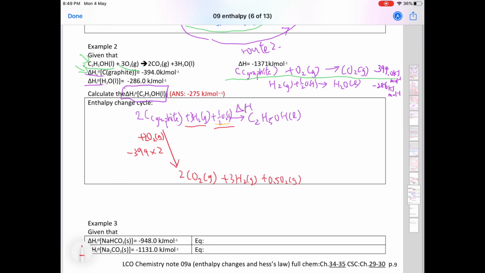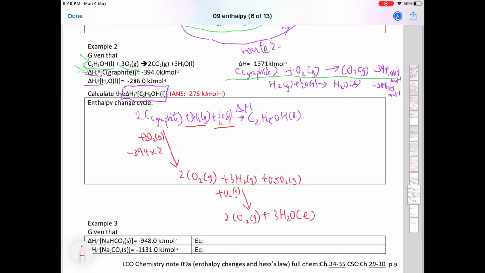And then now I can see that I can use the third information. However, in the process for 3 H2 to react, we need 1 more oxygen, so we add 1 more oxygen. And because we are now forming 3 H2O liquid, and the carbon dioxide does not involve in the reaction at all, we directly copy it.